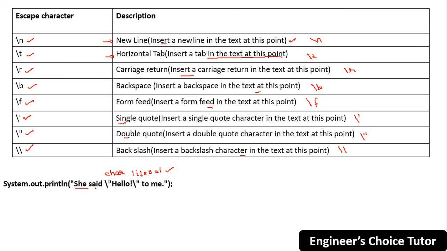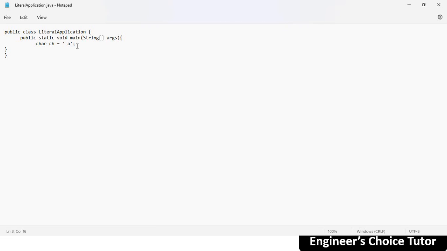For example, see here: System.out.println, backslash and then I am giving double quotes, hello, then backslash double quotes. So how will it print? Let me go and show you this.